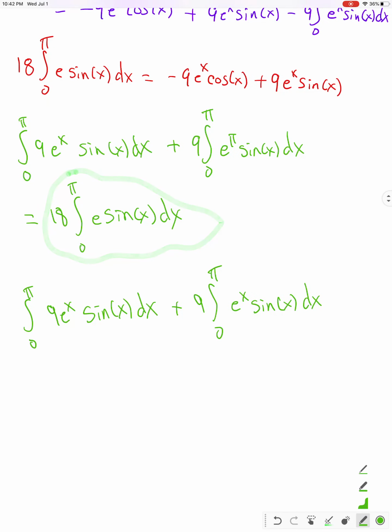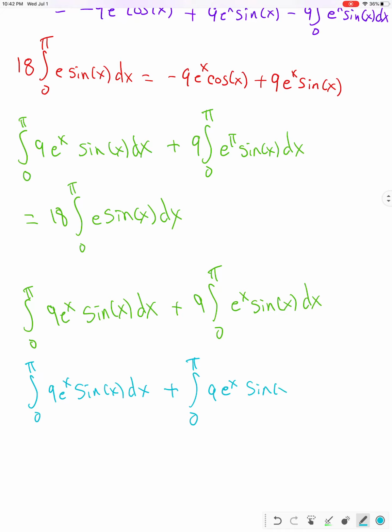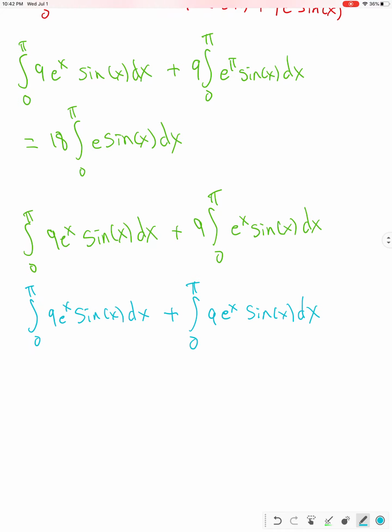But if we look at this in a little bit different light, I'm going to change the color here. So integral from 0 to pi 9 e to the x times sine of x dx plus, and then if we move the 9 back in, we have integral from 0 to pi 9 e to the x sine of x dx.